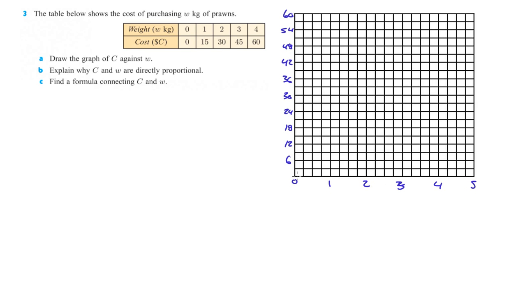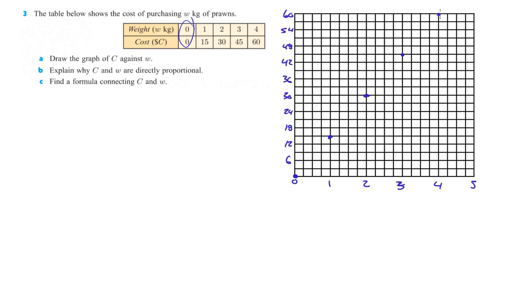So we have 0, 0 as one of the points. That's obviously key to show that it's directly proportional because it has to go through 0, 0. So that's a good start. And at 1, we're up here at 15. At 2, we are at 30. 3 is at 45. And then 4 is at 60.